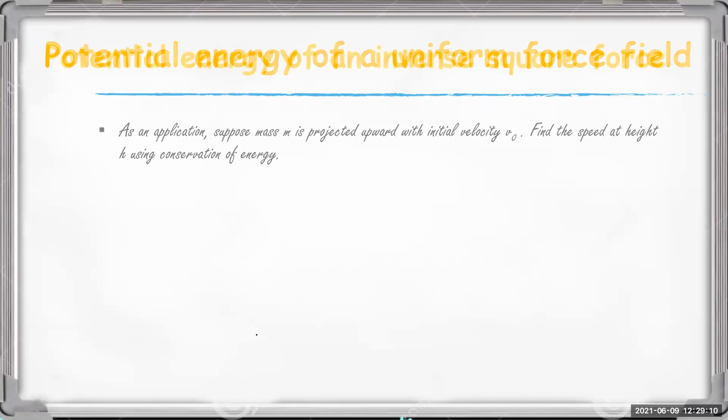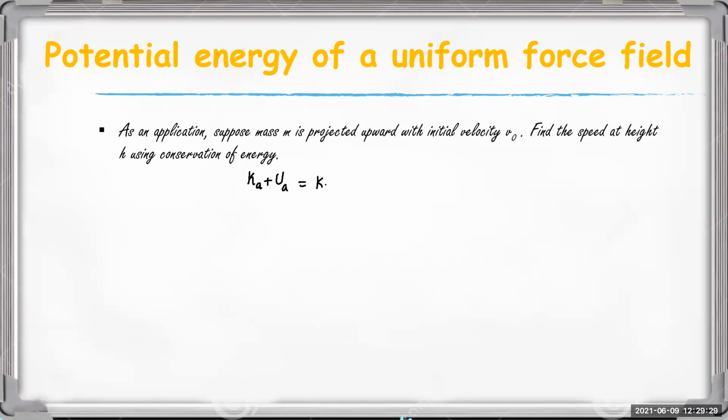By the conservation of energy, we have obtained Ka plus Ua is equal to Kb plus Ub.